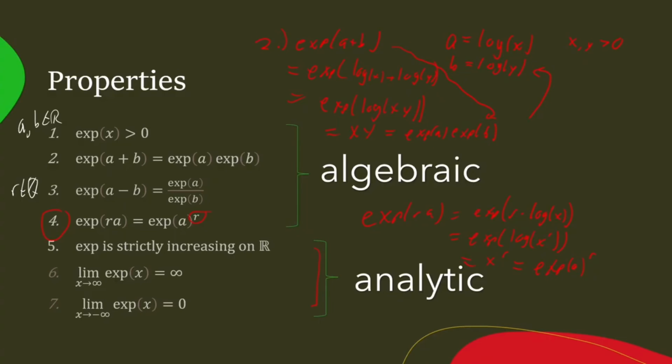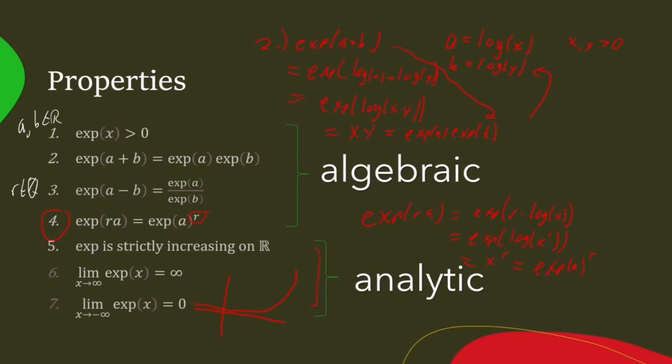That follows from the fact that log was also strictly increasing, and this asymptotic behavior also follows from the asymptotic behavior of log, and it would suggest the picture that we're quite familiar with. So this graph of the exponential function is lining up with these analytic properties here. So everything is consistent with what we would expect.